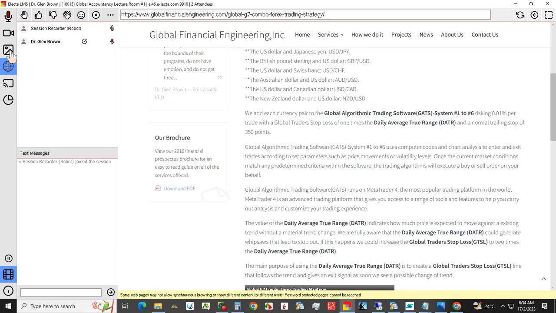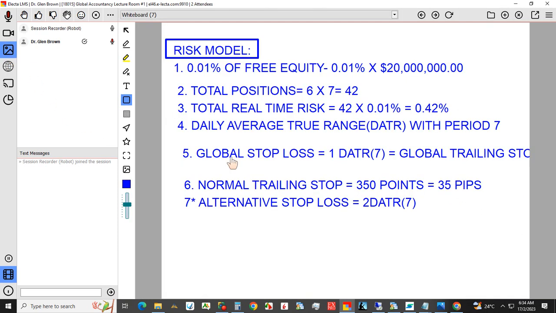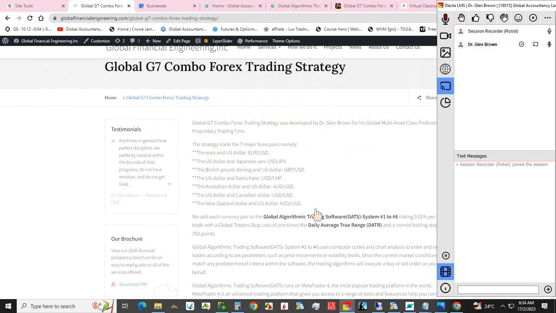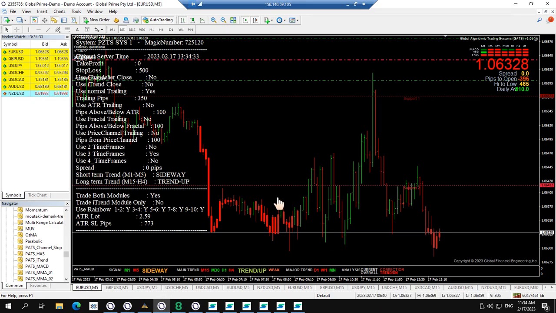I want to go over to my desktop and to the platform. I'm going to use my screen share here, and I'm heading over here.